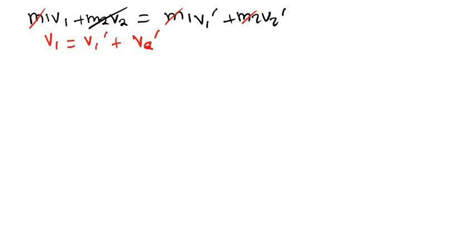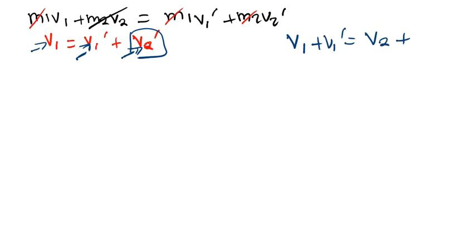Now what happens? We want to find this velocity, v2 prime. We don't know v1 prime either. At this point, I know that under elastic collision, I can use the other formula that we know: v1 plus v1 prime is equal to v2 plus v2 prime.